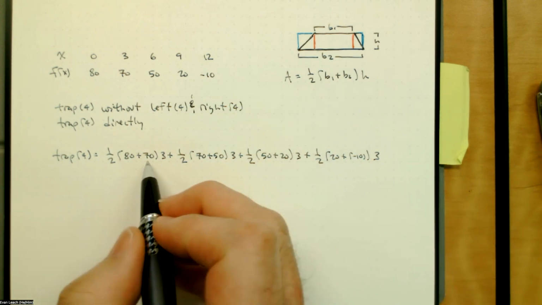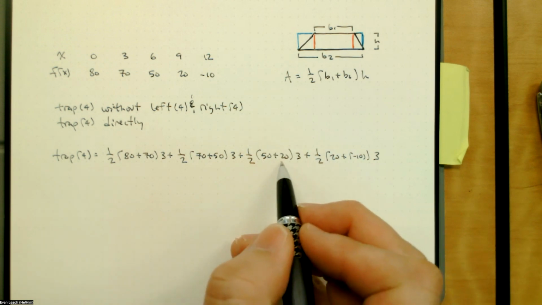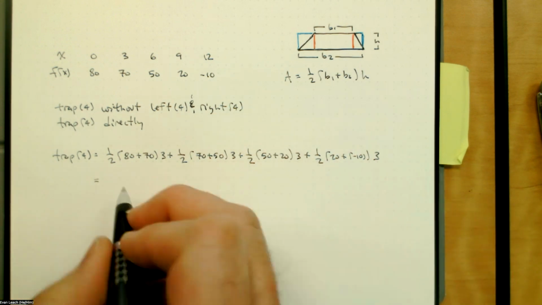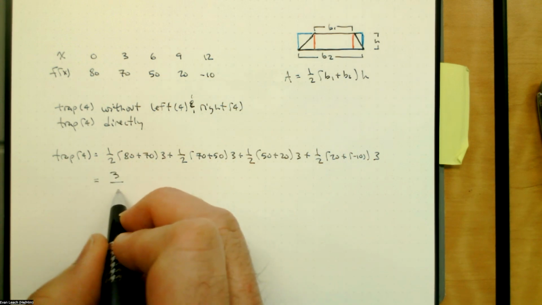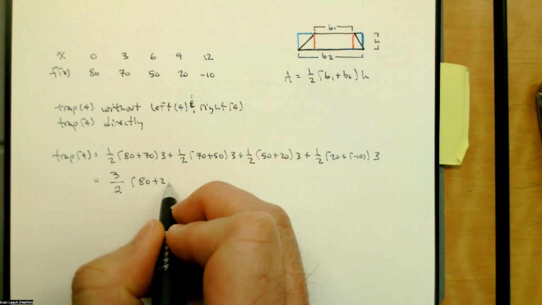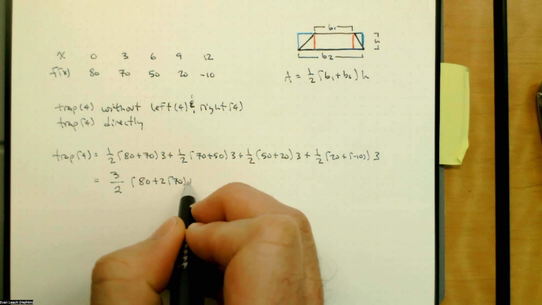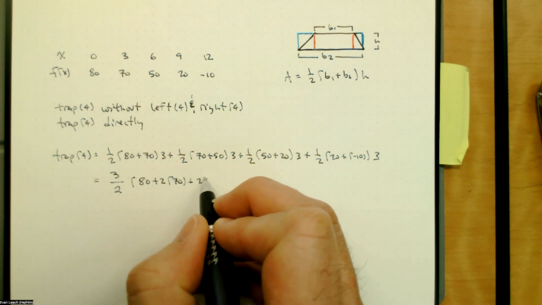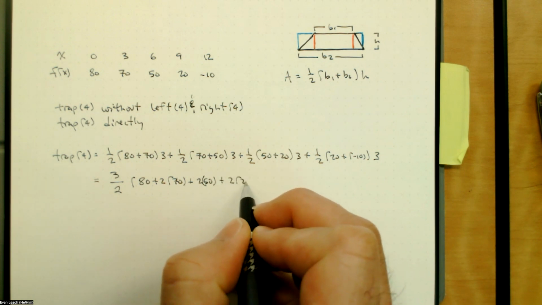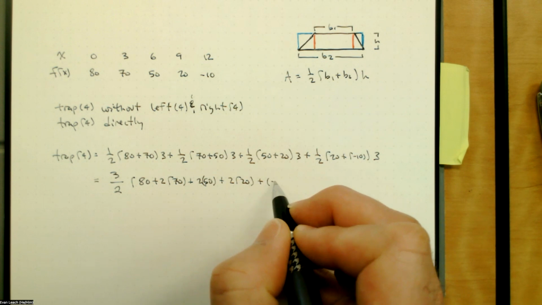So I've got 270s, 250s, and 220s. If we organize this a little bit better, I'm going to factor out the 3 and the 1/2. I've got 180, the 270s, the 250s, the 220s, and negative 10.